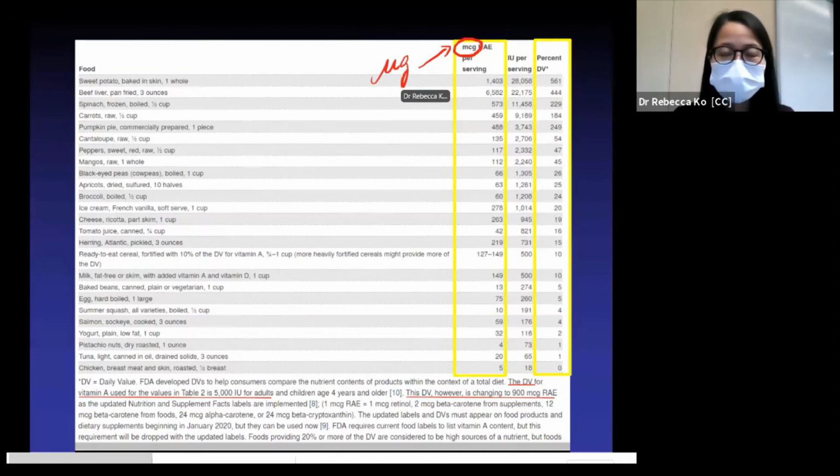Do you still remember the recommended value for RAE? Let's take male as an example, as a reference. Around 900, right?